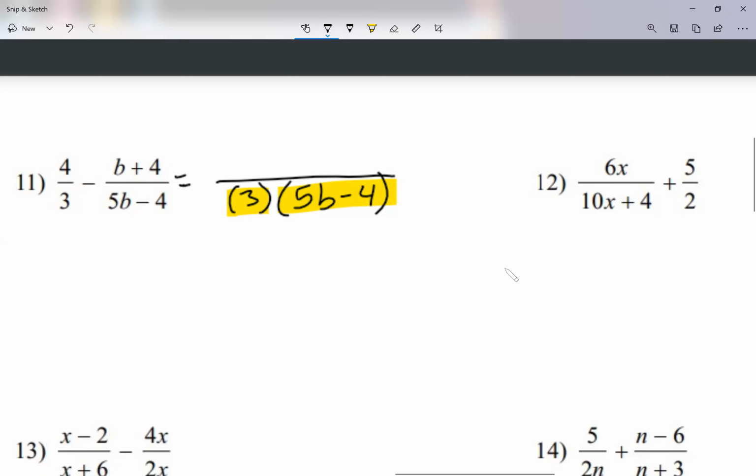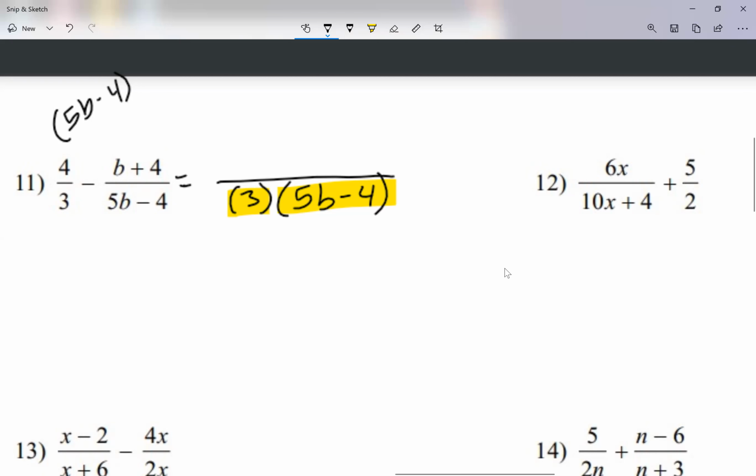Let me write it right here for the moment. 5b minus 4, okay? So again, I was looking at my common denominator, the thing that I highlighted, and I said, what does my common denominator have that my first fraction does not? Okay, so it was a 5b minus 4.